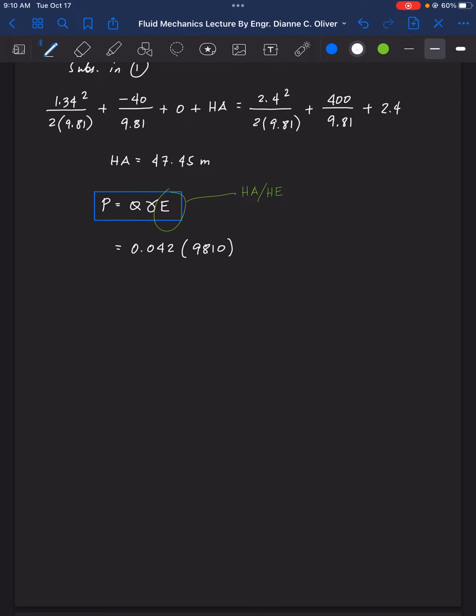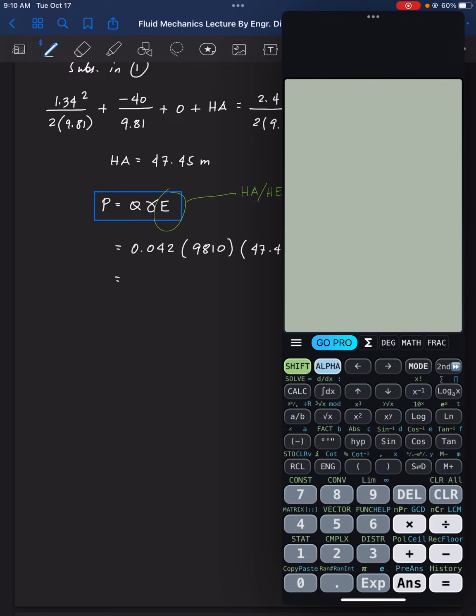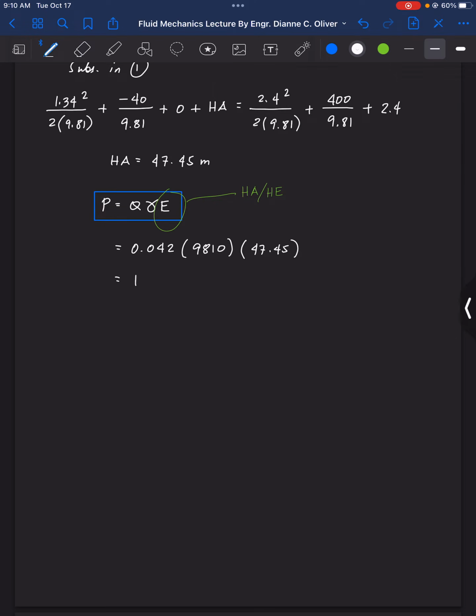Then energy is 47.45. So the answer here will be 0.042 times 9810 times 47.45, which is 19,550.349. And this is in watts.